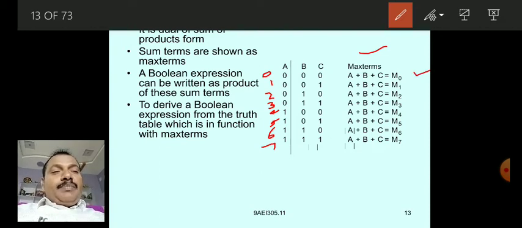Here A plus B plus C bar, max term 1. C bar here. Here A plus B bar plus C, this is max term 2. Next, A plus B bar plus C bar, max term 3.